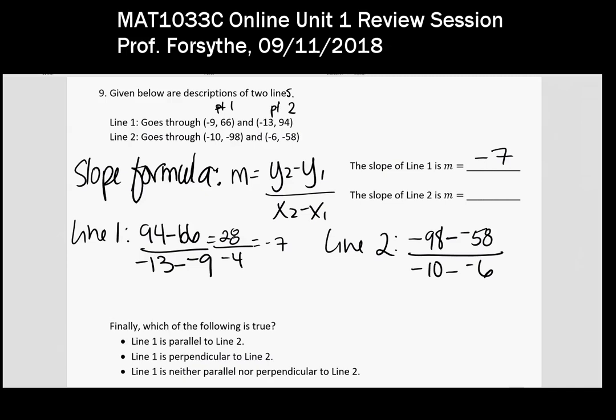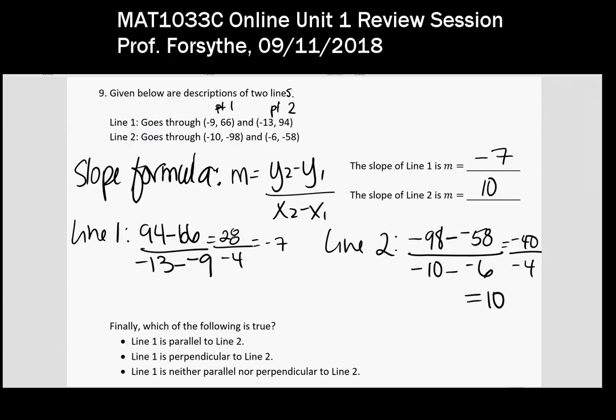So negative 98 minus negative 58 is negative 40, divided by negative 10 minus negative 6, which is negative 4. So negative 40 divided by negative 4 is positive 10. So the slope for line 2 is 10.